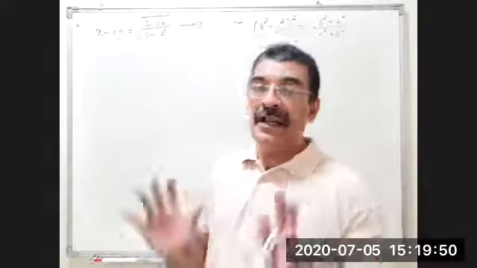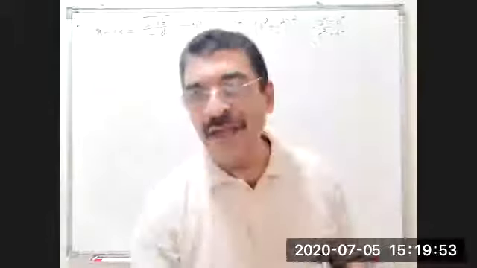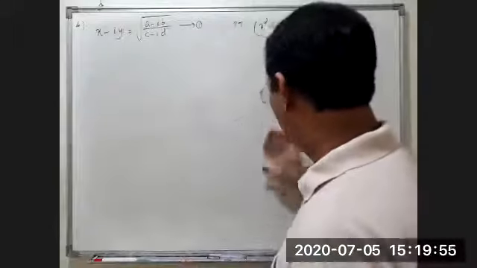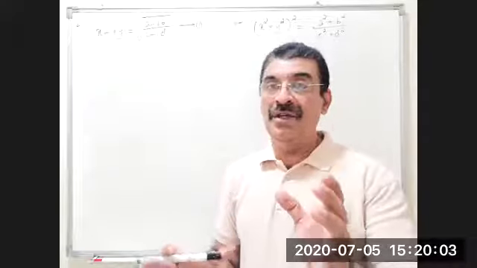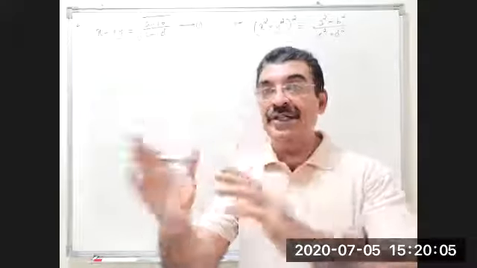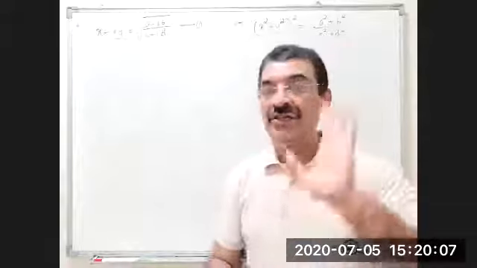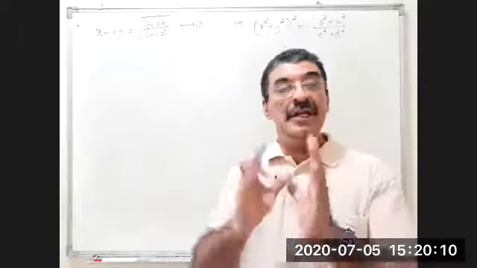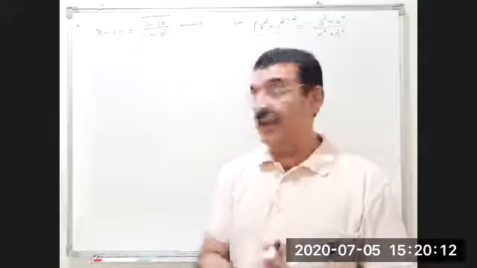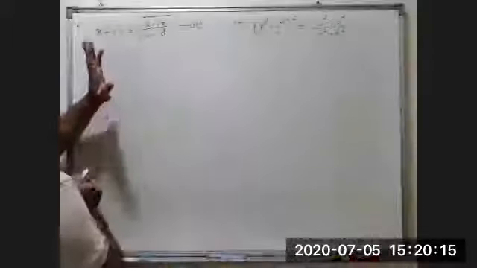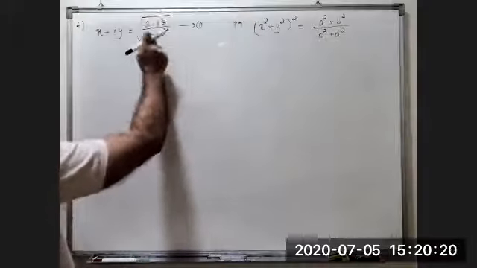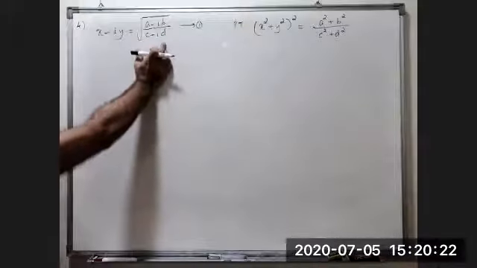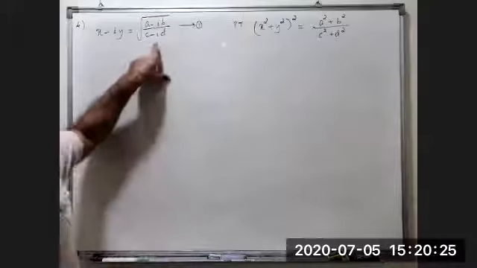Again, we don't mention it as conjugate, because the conjugate of a complex number means we have to write it in real part and imaginary part, and only then change the sign of the imaginary part. Those are called complex conjugates. To write the conjugate here, first of all we have to write it in standard form, and writing the standard form is not that easy.